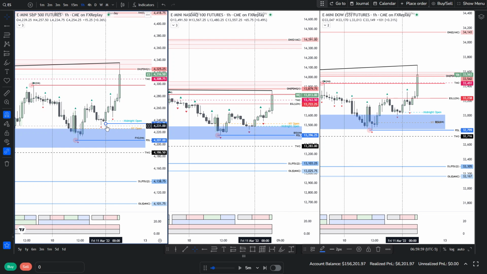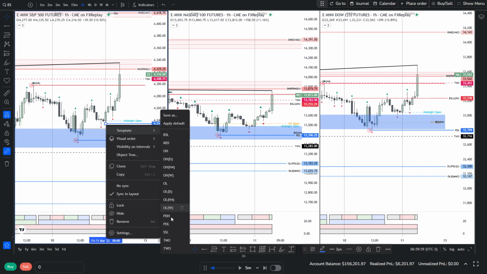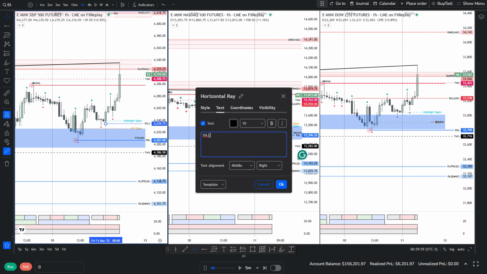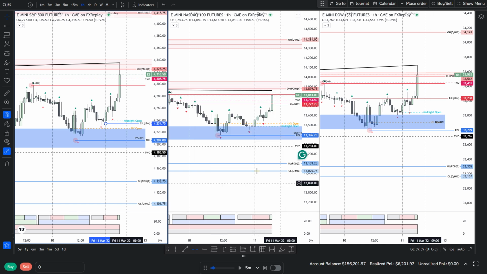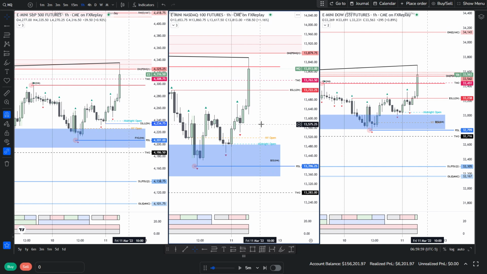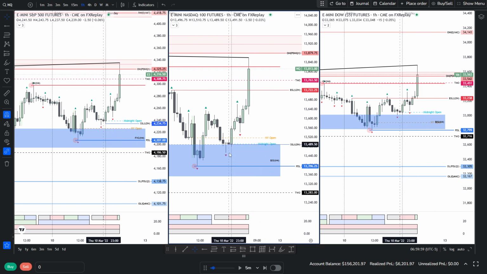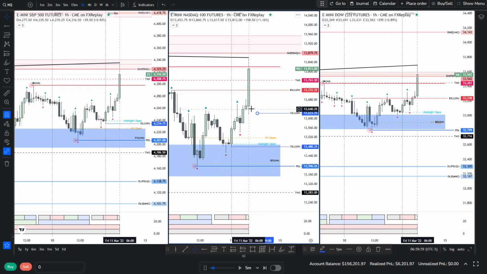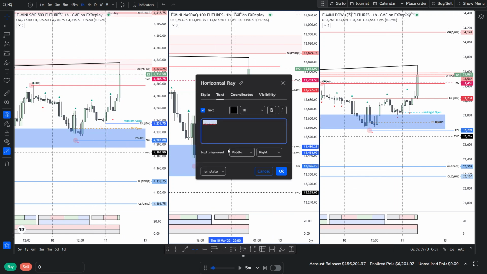So that's the London low here. And we've got the AR low here as well. So we've got two key lows in close proximity. And to be fair, I will mark them both up.